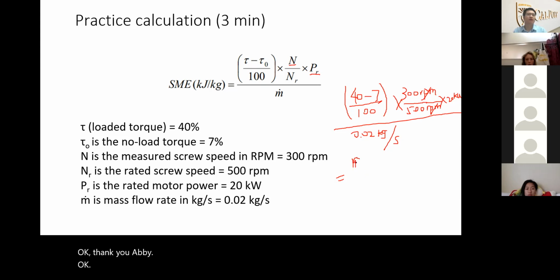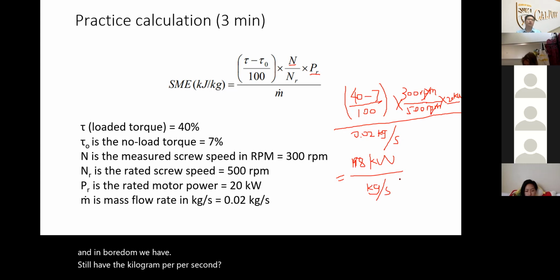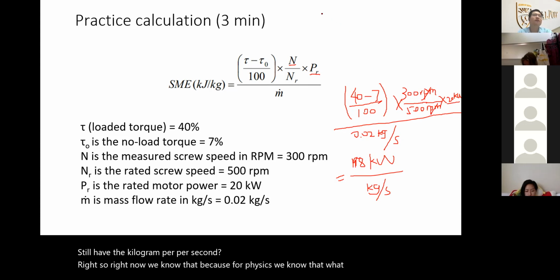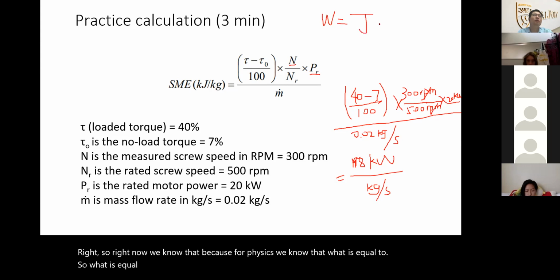So 198. On the top, we still have kilowatts, and on the bottom, we still have kilogram per second. From physics, we know that watts is equal to joule per second.